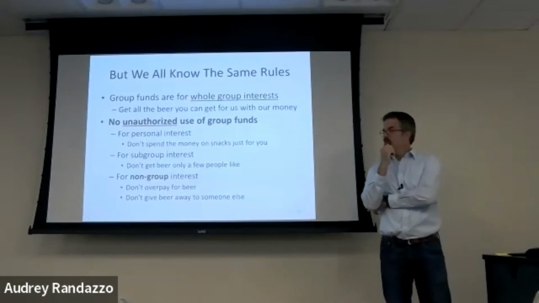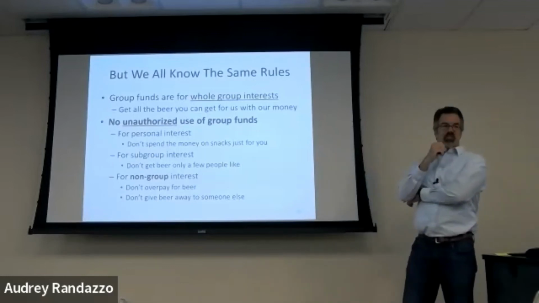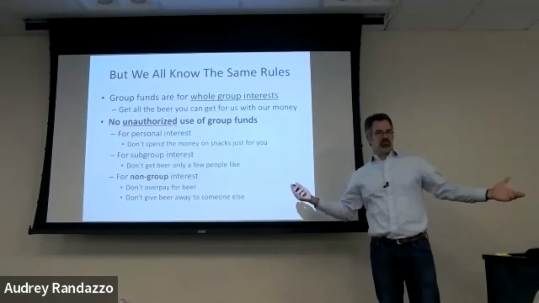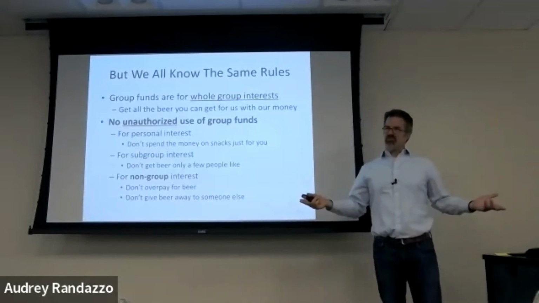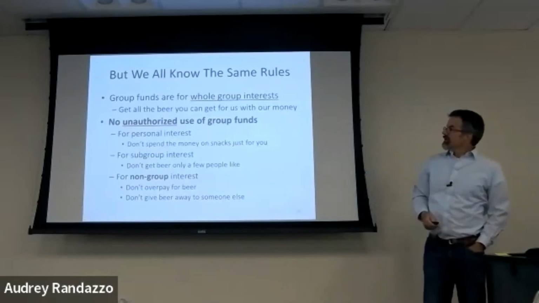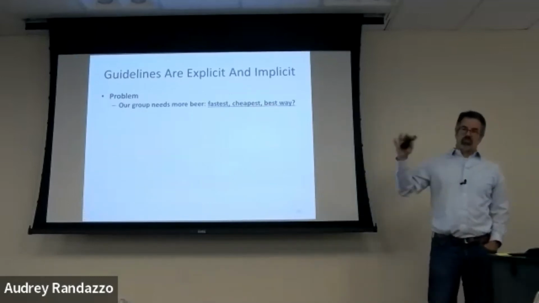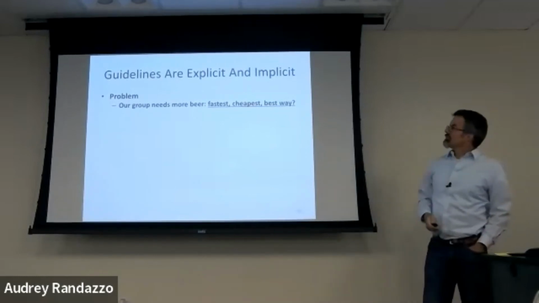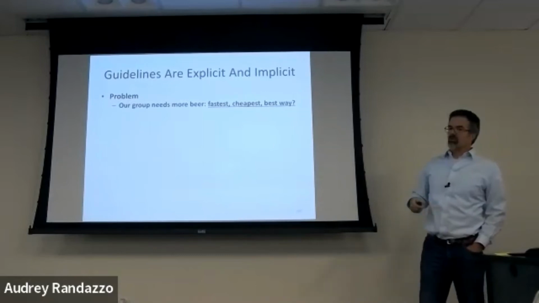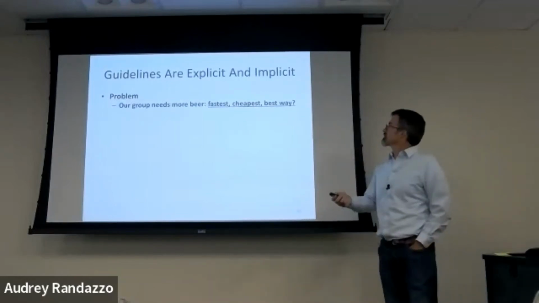That wouldn't be cool. And what if you just start giving the beer away because you're just a super nice person, giving away other people's beer? Does that make you a nice person or maybe not a nice person? Now, all these can change if there's an explicit authorization to you. But let's see, what's the actual explicit operation? Get more beer, fastest, cheapest, best, right?